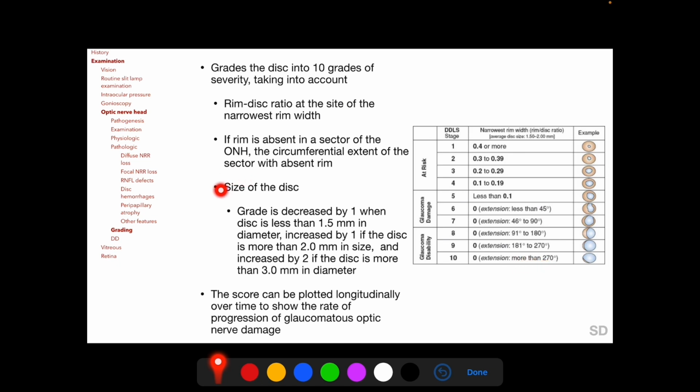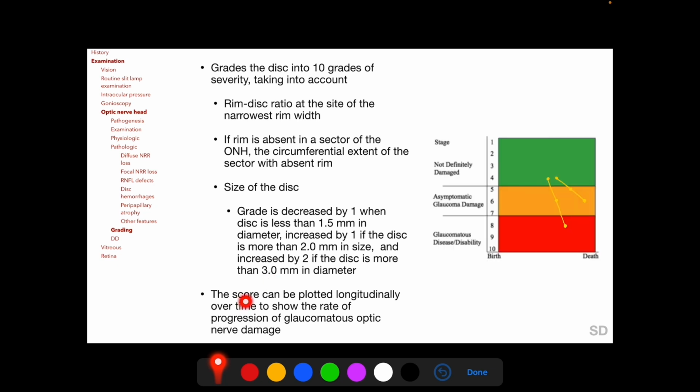Size of the disc is also considered, making the DDLS system more reliable than the CDR system, and the grade determined on the basis of these two criteria is decreased by 1 when the disc is less than 1.5 mm in diameter, increased by 1 if the disc is more than 2 mm in diameter, and increased by 2 if the disc is more than 3 mm in diameter.